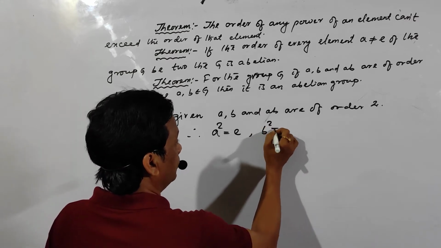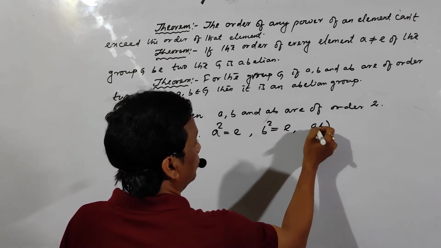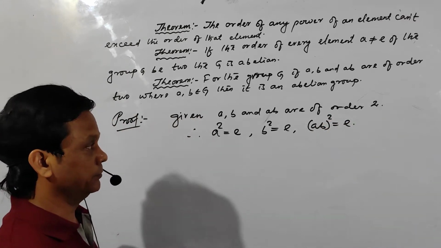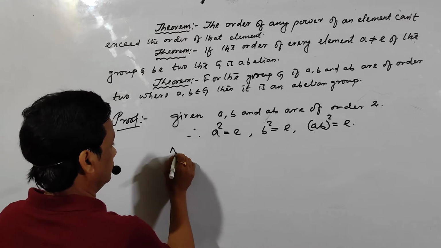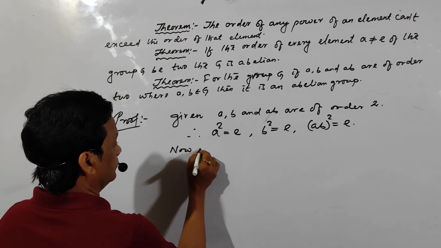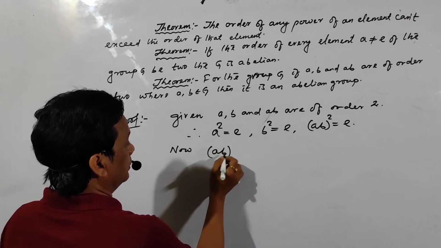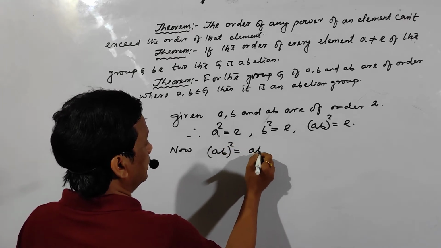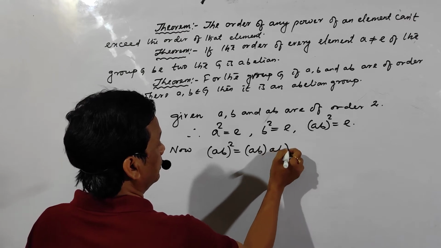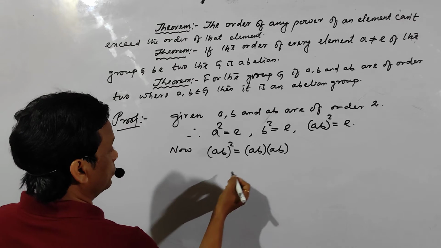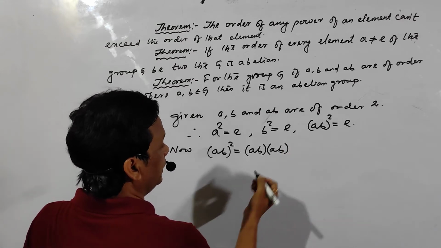And B square is equal to E, and AB whole square is equal to E. Now AB whole square can be written as AB into AB, and it is equal to E.